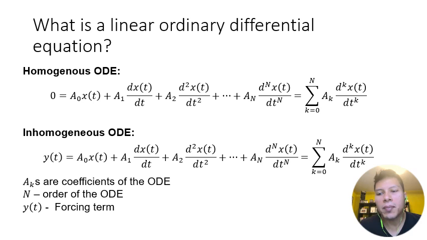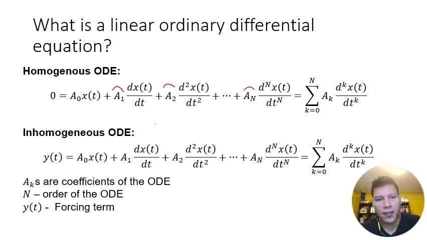So the first thing you might be wondering about is, what is a differential equation? In particular, in this class, we're going to focus on linear differential equations with homogeneous coefficients, meaning that the coefficients in front of each derivative term are constants, and there are no quadratics on the unknown function.